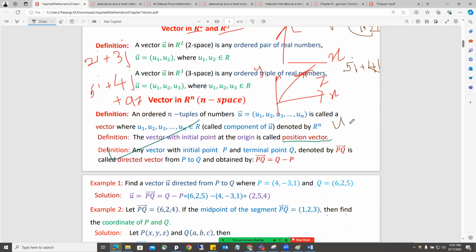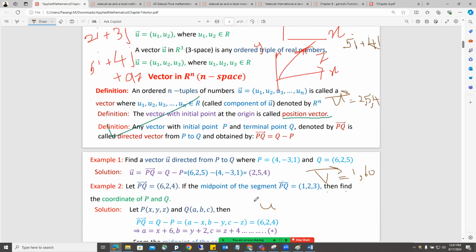So vector u can be 2, 5, 4 if it's a 3D vector, and vector v can be 1, 6, 0. So these are vectors, and this is how we denote them: u, v, w. Is it clear?